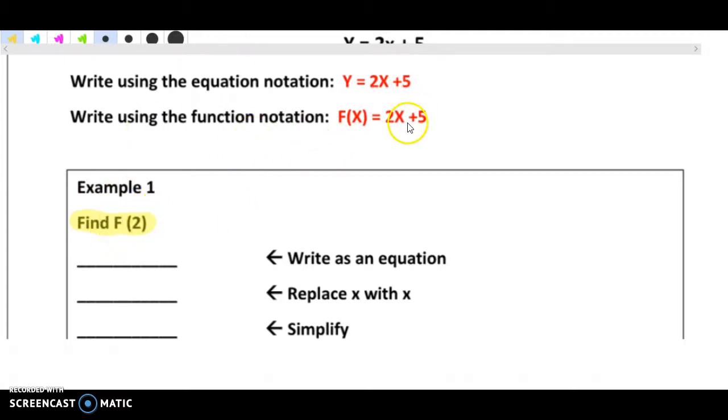Are we looking for the x or the y? Remember, again, what goes inside the parentheses is your input, so we're looking for the output. So we know x is equal to 2. Okay, so that's what it is. We're going to write it as an equation.